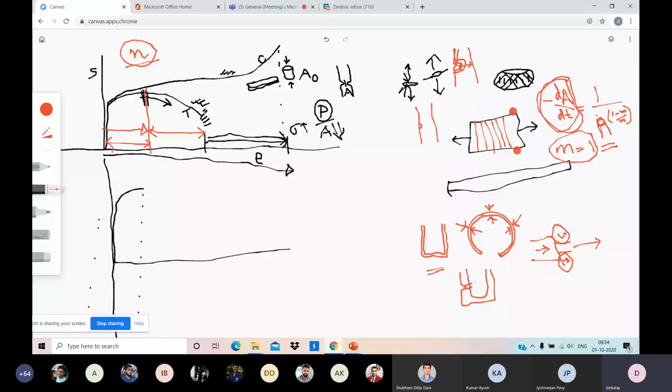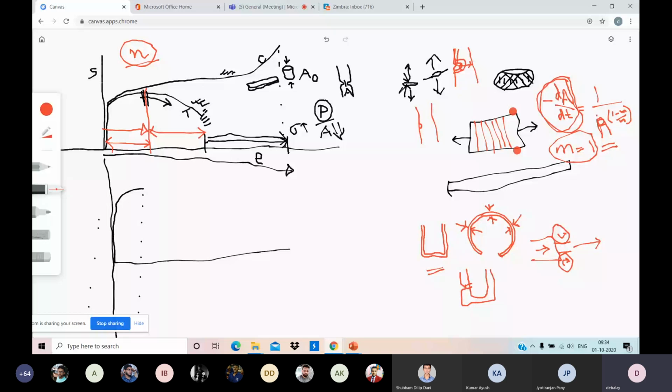Otherwise, if m is less, wherever there is a thinning, the rate of thinning will also be very high at that particular location. Compared to the other region, that location will decrease in thickness at a much higher rate compared to the uniformly deformed part.